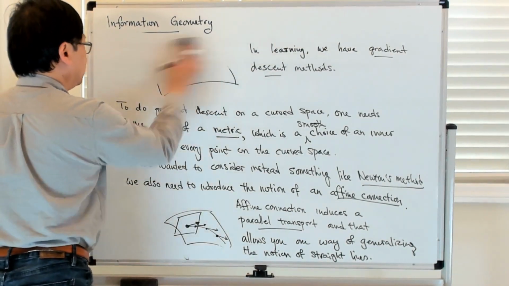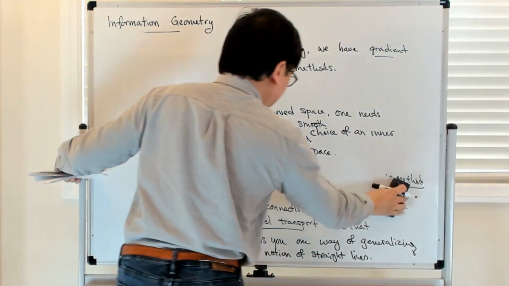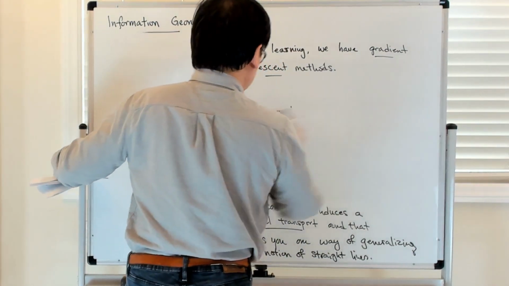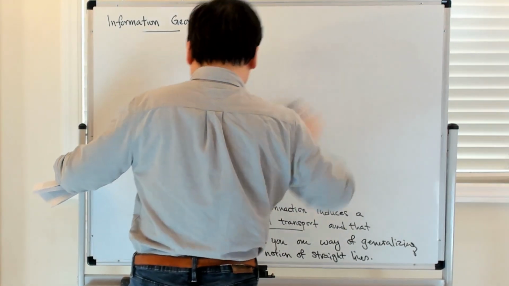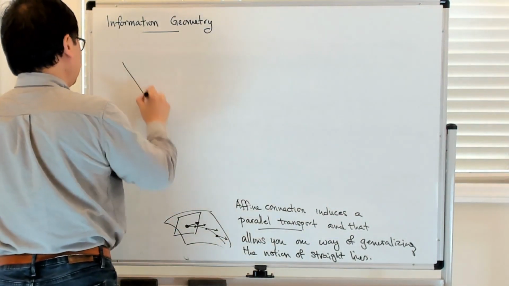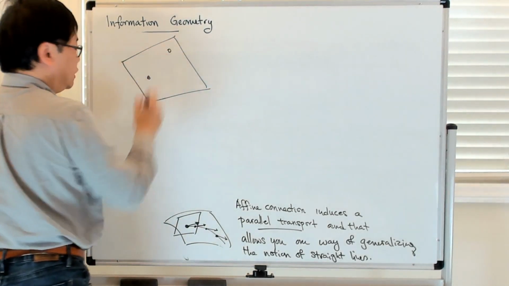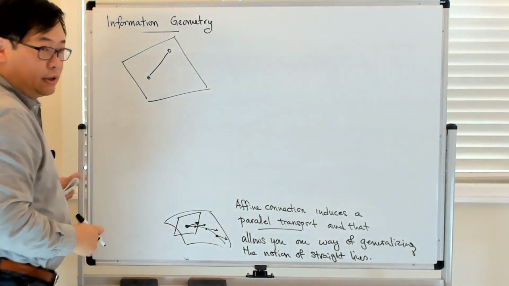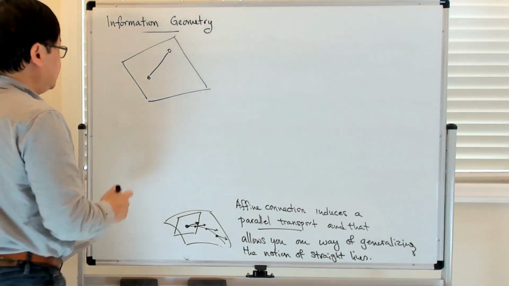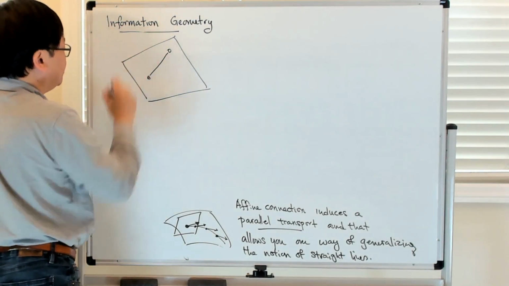Let's think intuitively about what we tend to think of as a straight line, in a flat linear space. Imagine you have a plane and two points, and you want to look at a straight line joining those two points. There are two properties which immediately come to mind.